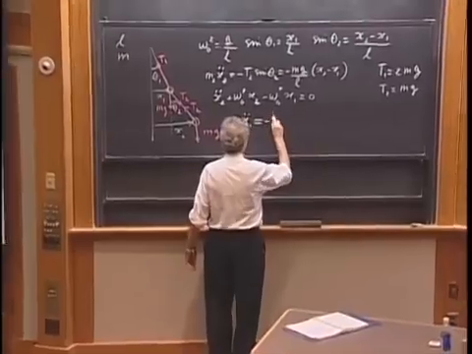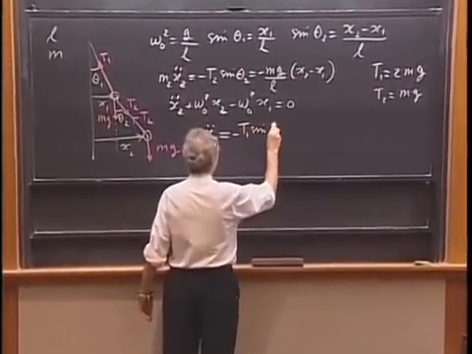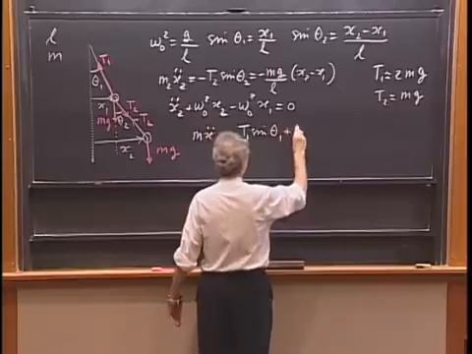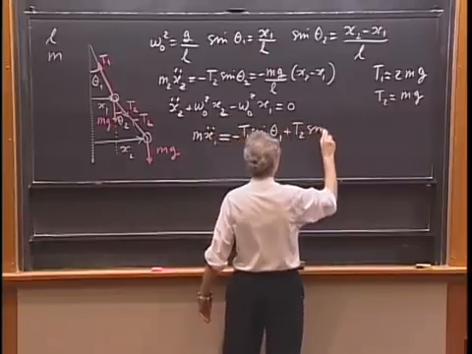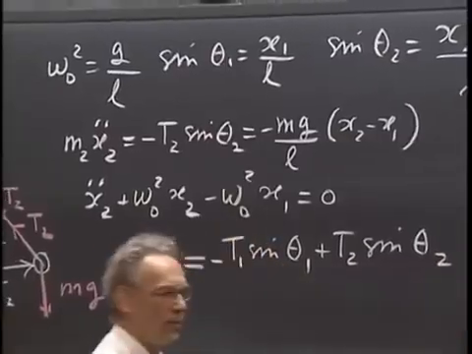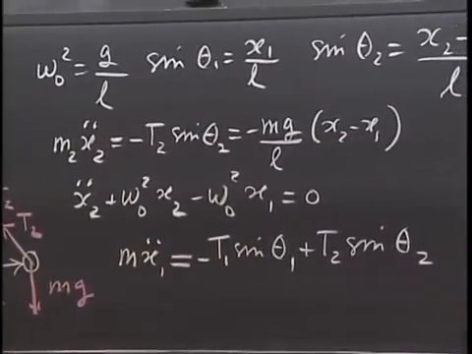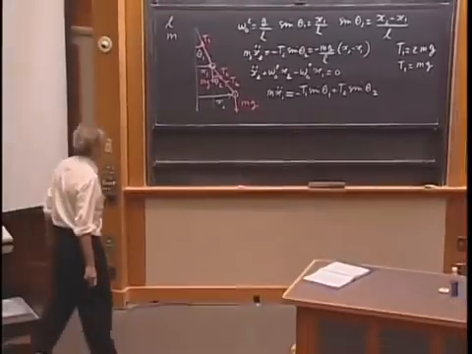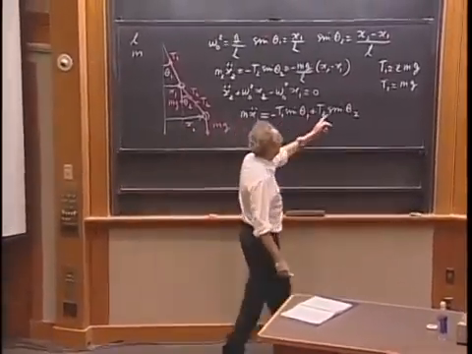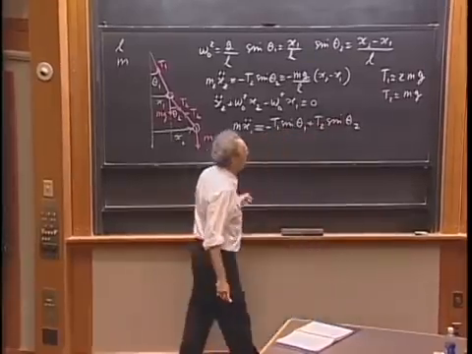So you get minus T1 times the sine of theta 1 plus T2 times the sine of theta 2. And so I'm going to substitute in there now the sines, and I'm going to substitute in there T1 equals 2 mg and T2 equals mg.